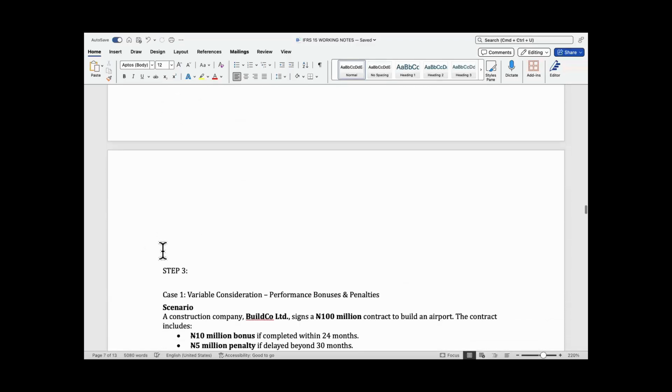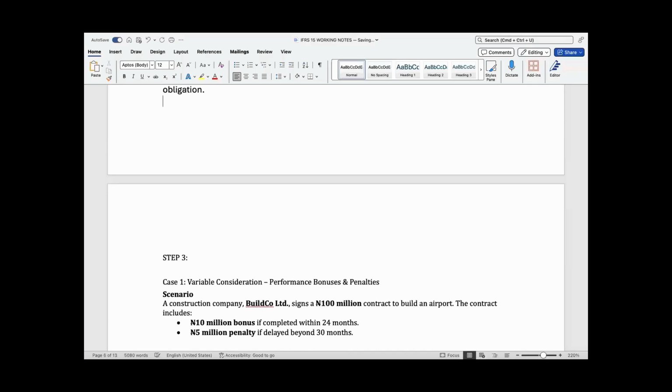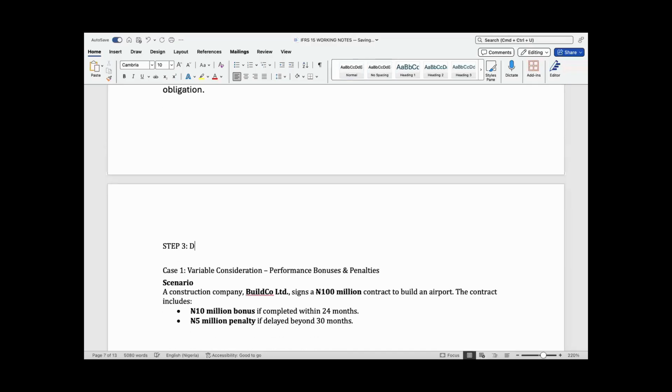Now, step 3. Step 3 is to determine transaction price.